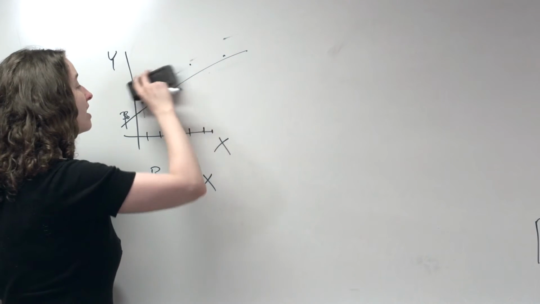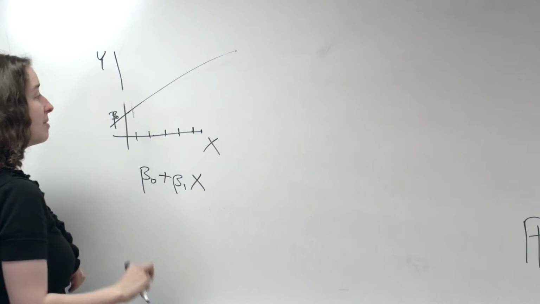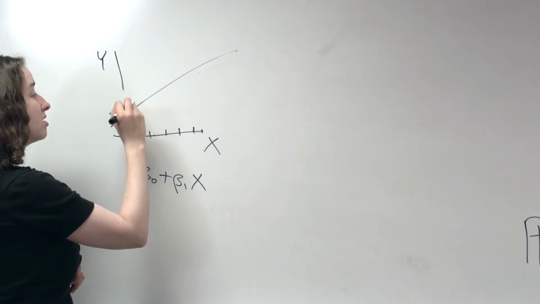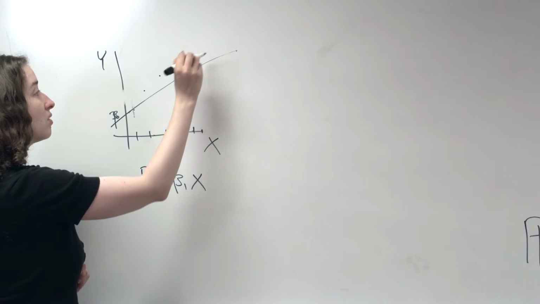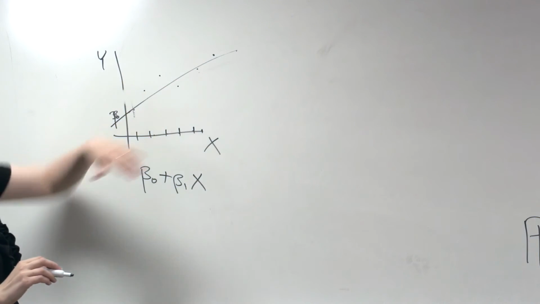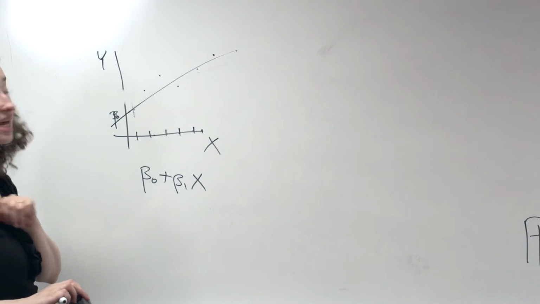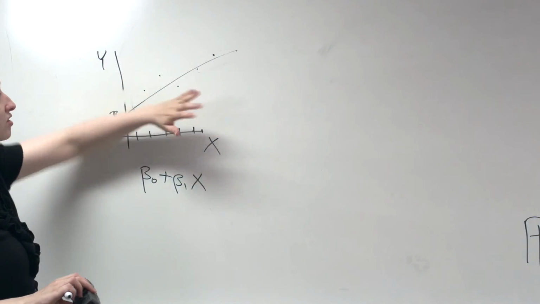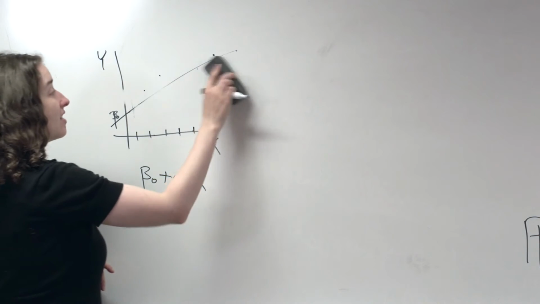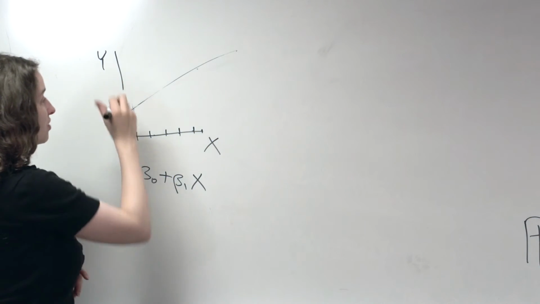If I do it again, if I again pick the same x's and sample y's by taking the line and adding or subtracting some normal error, I will get a slightly different data set. And if I take that data set and estimate the intercept and slope, I'll again get a line that'll be a little bit different from the true line.